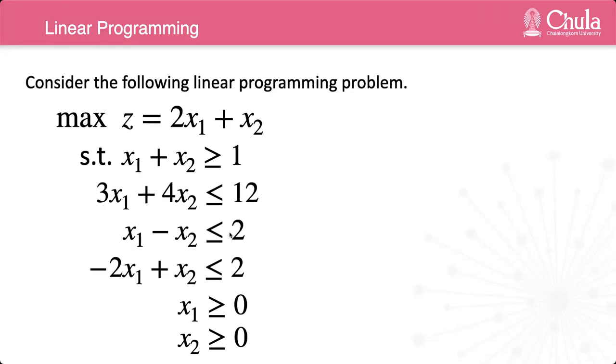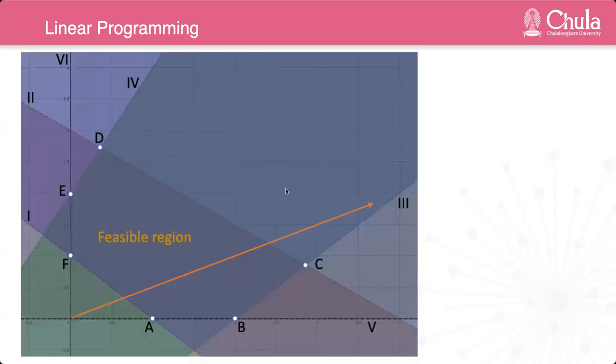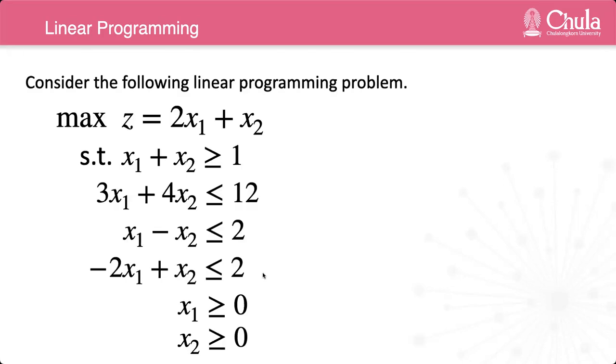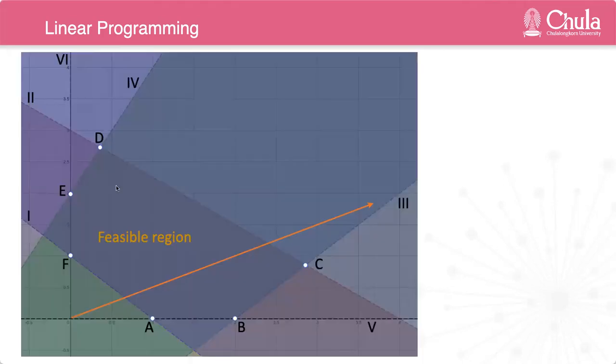And the third one, x1 minus x2 less than or equal to 2. We draw this line first, and then we check which side satisfies the inequality, this region.